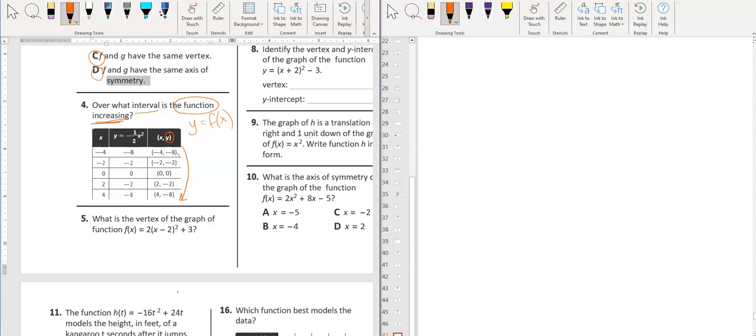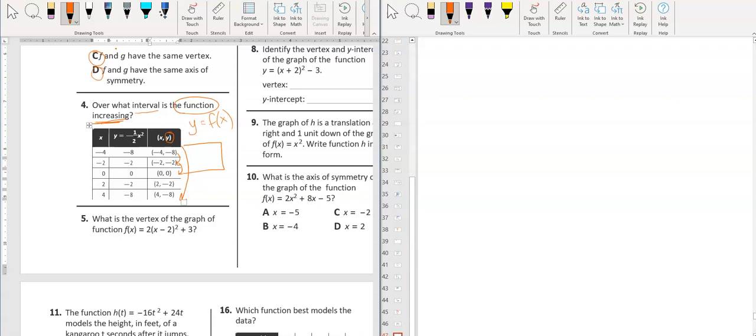So -8 to -2 is increasing, to 0 is increasing, to -2, that is not increasing anymore. So from here, this interval, we are increasing.